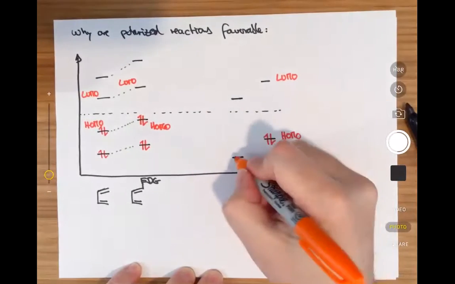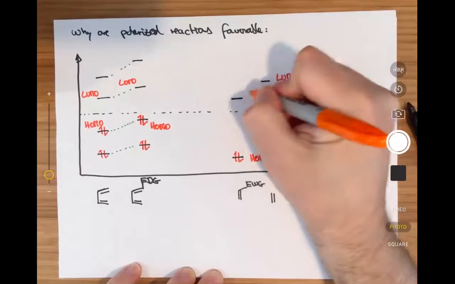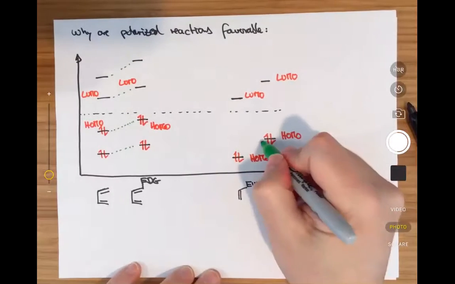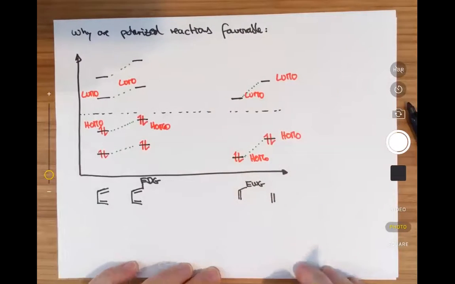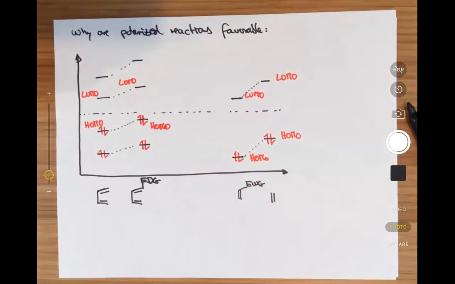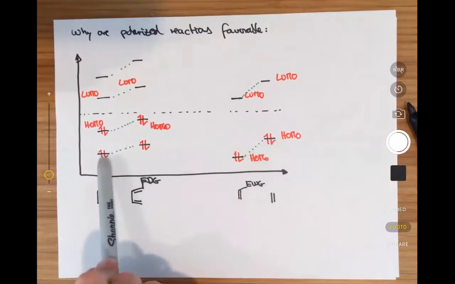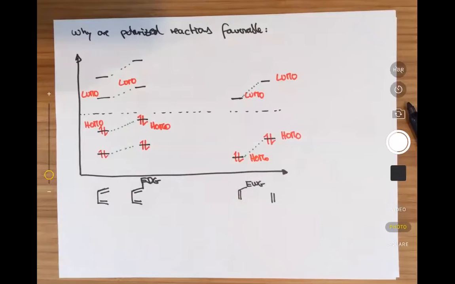And again, the population of these orbitals stays the same. But what changed is the relative position of these orbitals. So this HOMO dropped down and this LUMO dropped down. Right? And if we start now looking at possible combinations or linear combinations of orbitals, we can still pick the same combinations as we had for the unsubstituted systems, but there's clearly now a preference for one interaction that is much, much more favorable than the other combination.